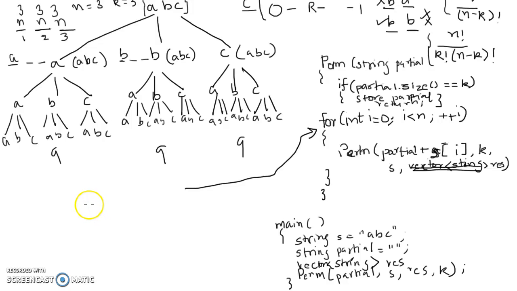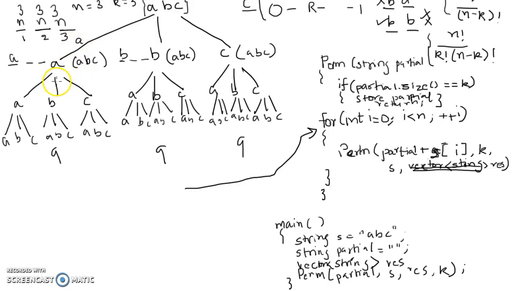So first time when it comes in, it says, oh, okay, I have an empty string, and I'm going to start with index 0, and I'm going to add to partial the element at index I, which is 0. If you look at this branch here, it's the recursion's first branch. So partial would have A in it.